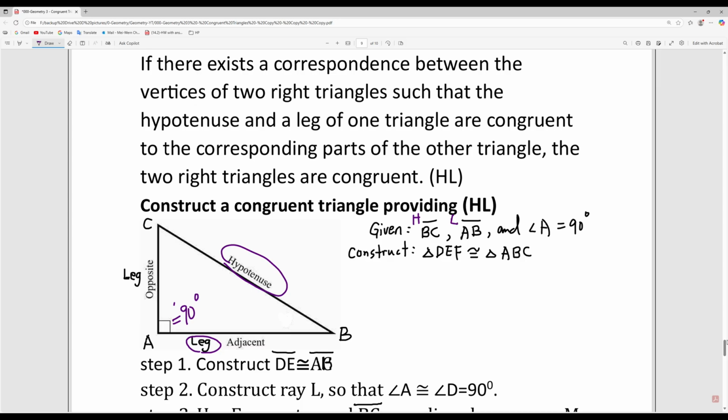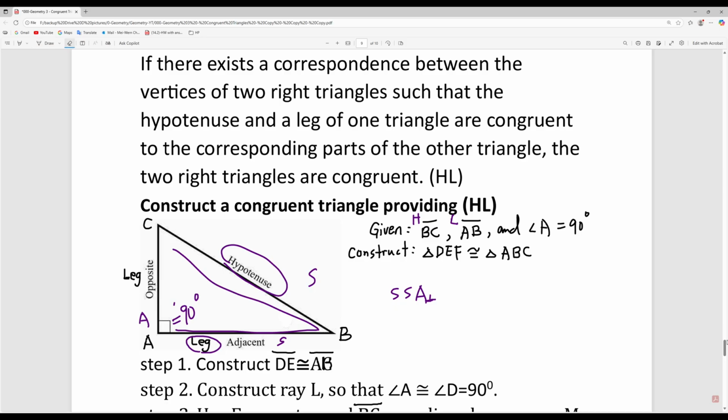So it looks like S, S, S, A. When it's SSA, only when angle A is 90 degrees, then we have the postulate to guarantee congruent triangle. If this angle is not 90 degrees, it won't. So same thing, you can go home to try to see, if not a 90 degree right triangle, what happened.